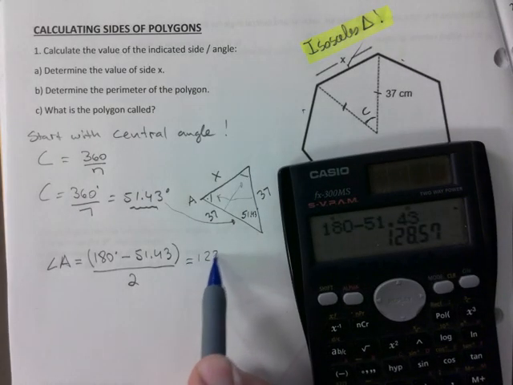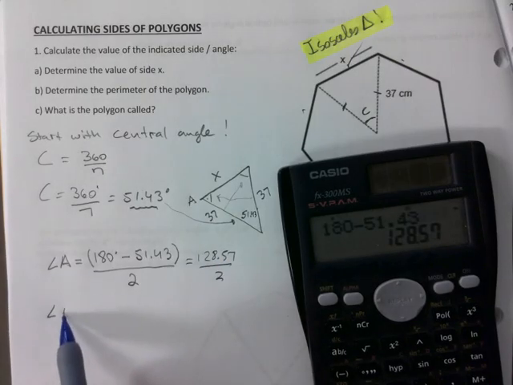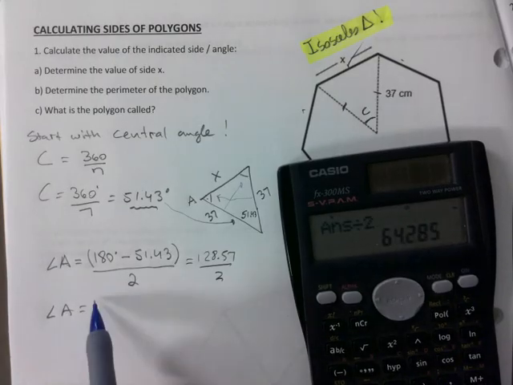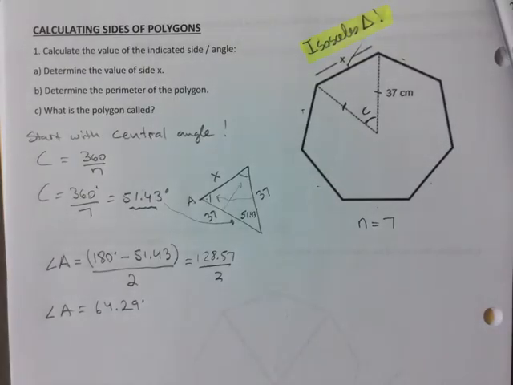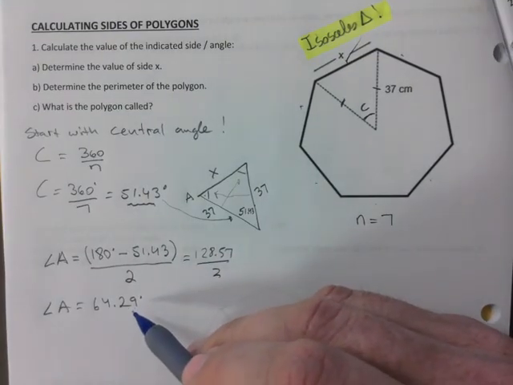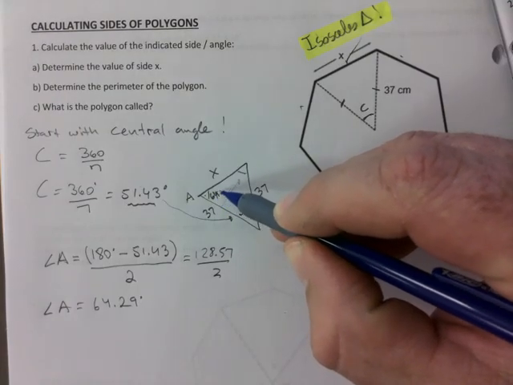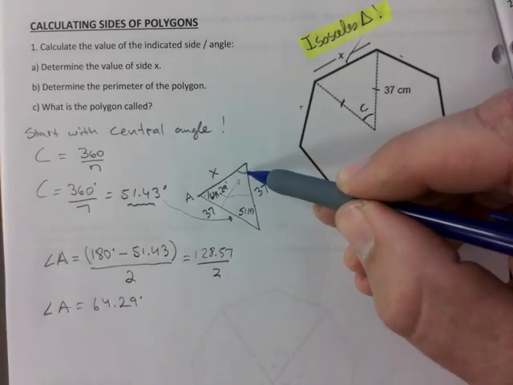That is 128.57 divided by 2. So my angle there is 64.29 degrees. I'm going to highlight that as soon as I write it down. Okay. So this is 64.29 right there, and this is also 64.29.